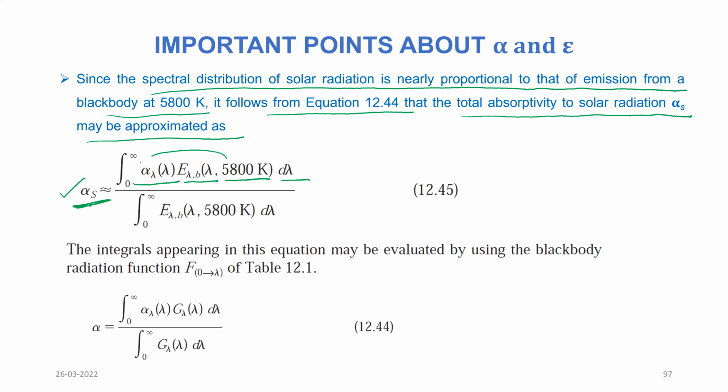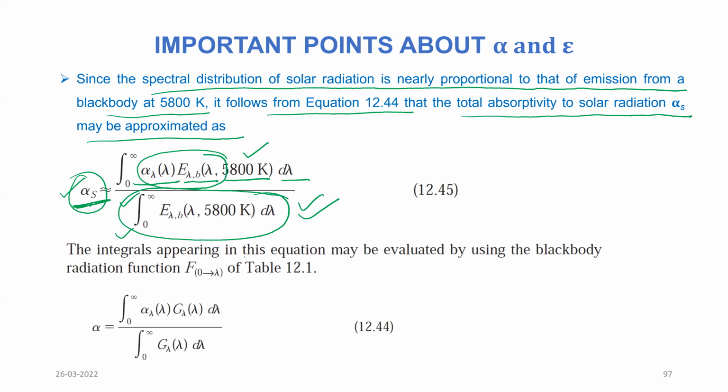This is the energy absorbed from the solar radiation corresponding to 5800 K, divided by the total solar radiation falling over lambda varying from 0 to infinity. That will be known as the solar absorptivity.